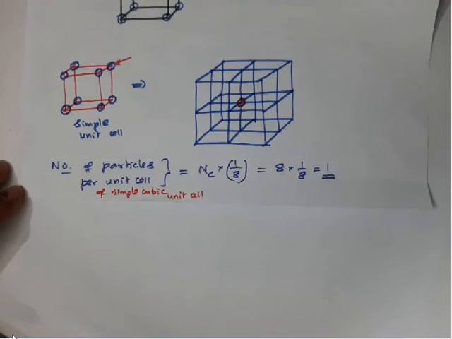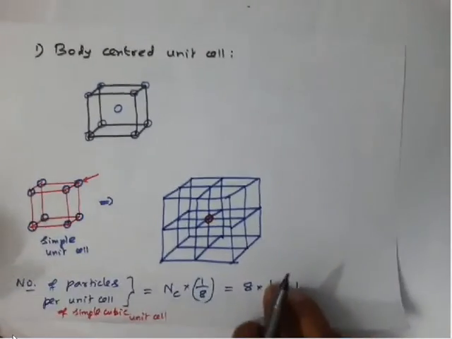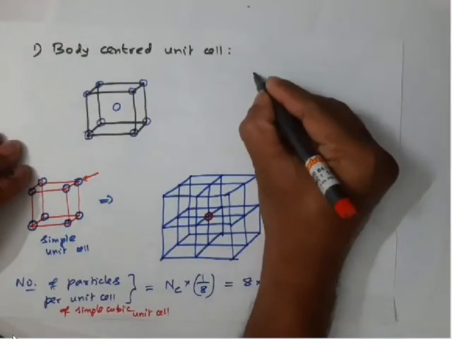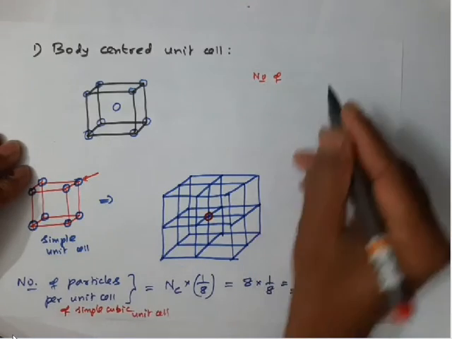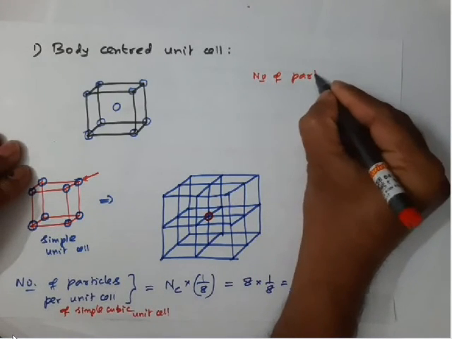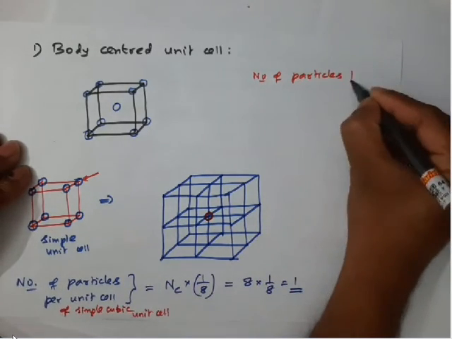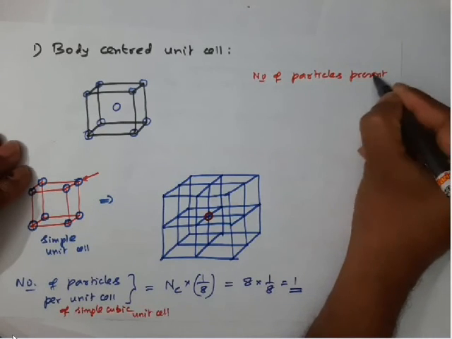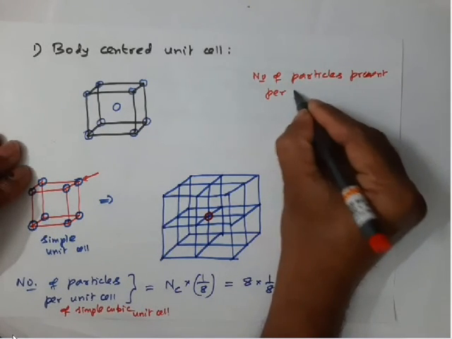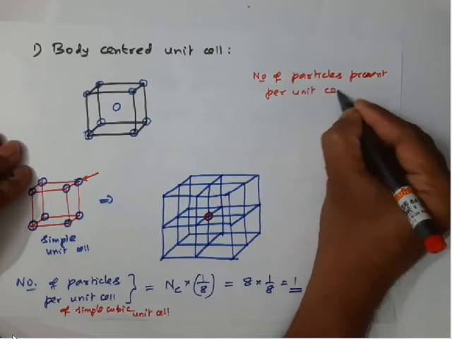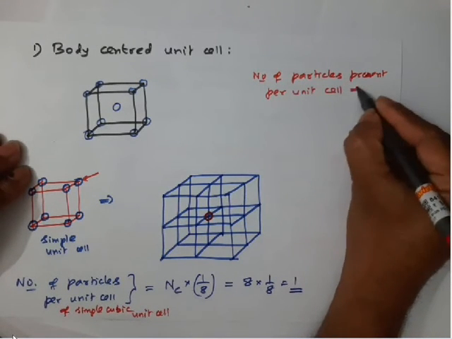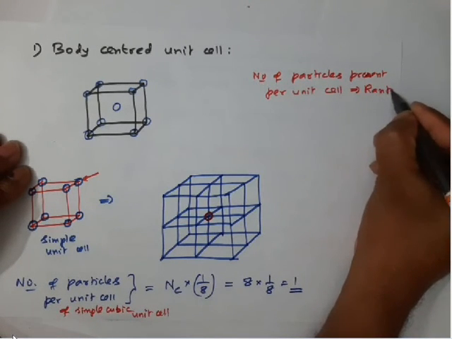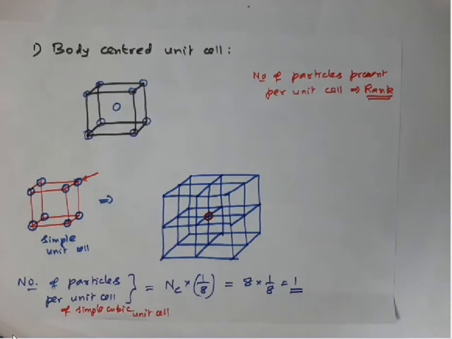Listen, I'll write a term here: number of particles present per unit cell is called rank. Crystallographers use this term. Number of particles present per unit cell is called the rank of the unit cell.